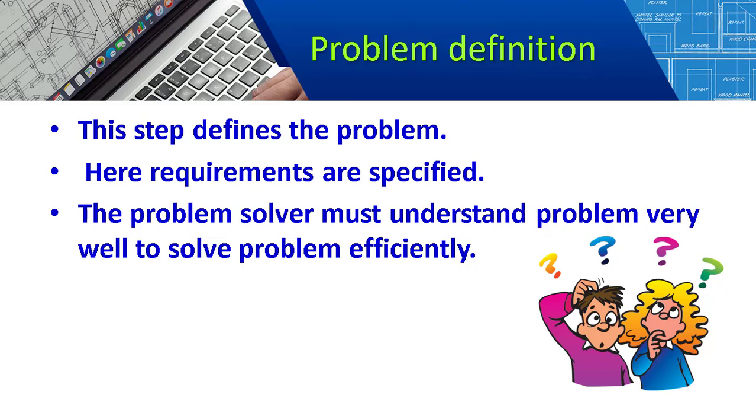The problem solver must understand the problem very well. If he understands the problem, then it is easy for the programmer to solve it. If he understands the problem in a wrong way, then it is very difficult to solve the problem.